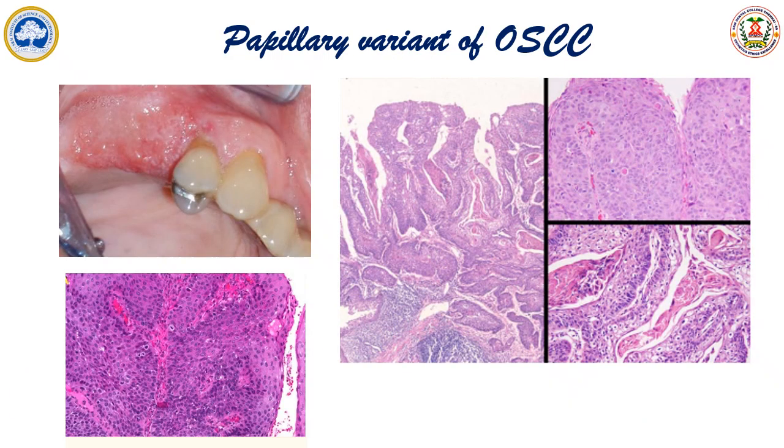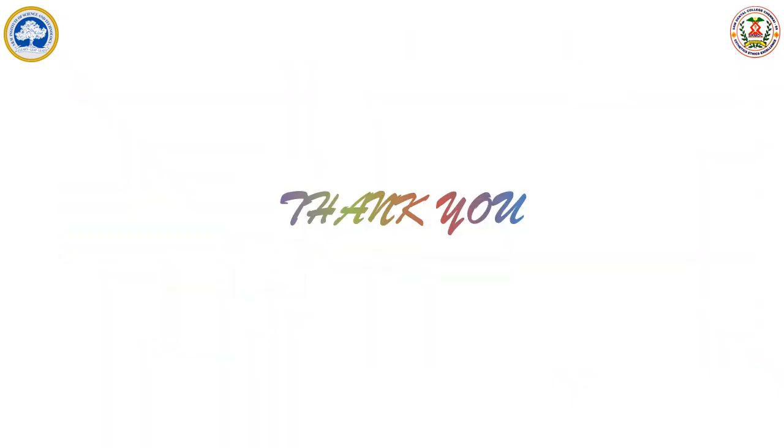Then this is, of course, frank carcinoma, where you see papillary growth. This is your papillary variant of oral squamous cell carcinoma, which is a very rare variant with an exophytic papillary pattern of growth. So you see papillary growth with fibrovascular cores covered by dysplastic squamous cells. So this is the sequence.